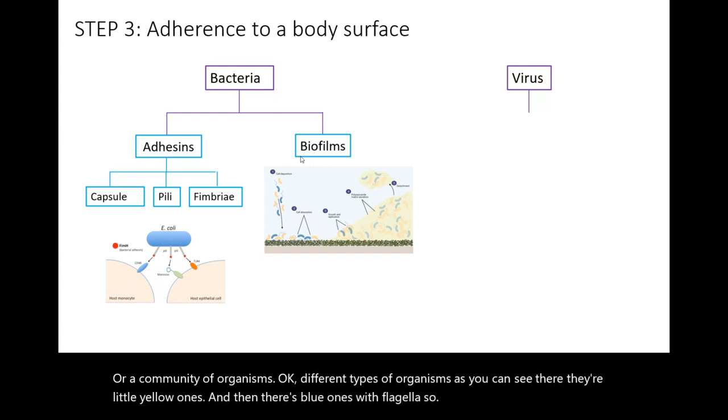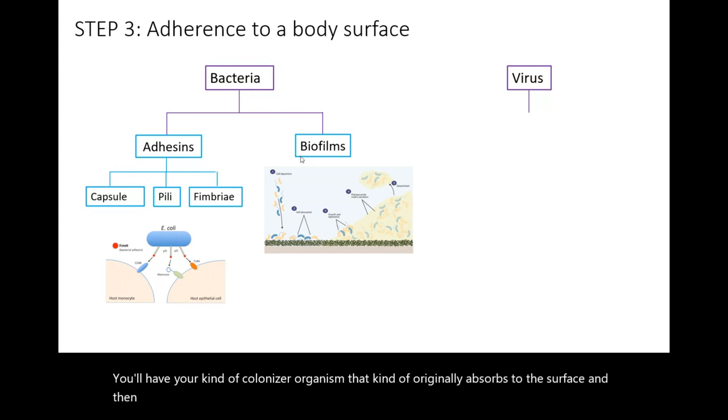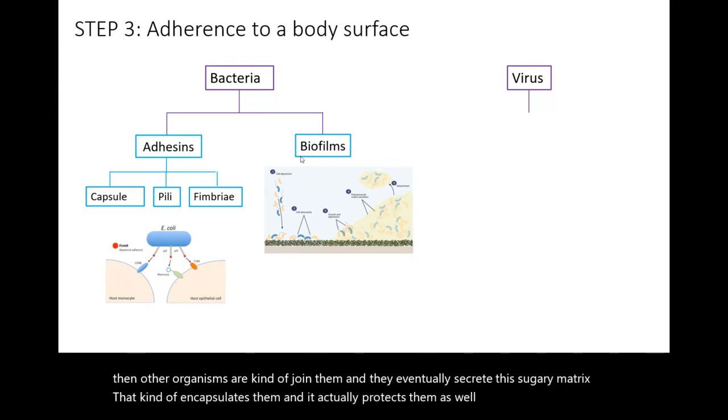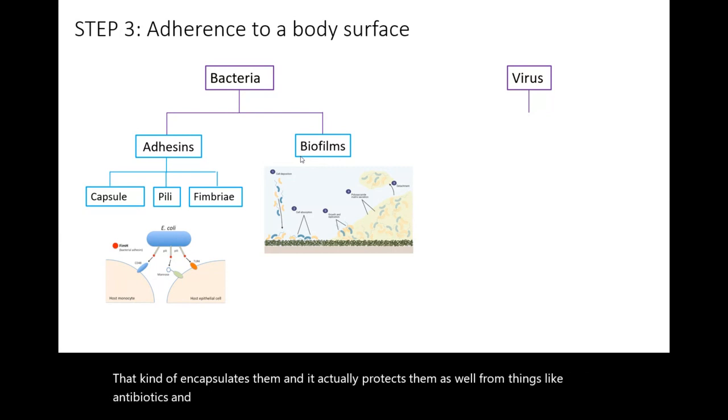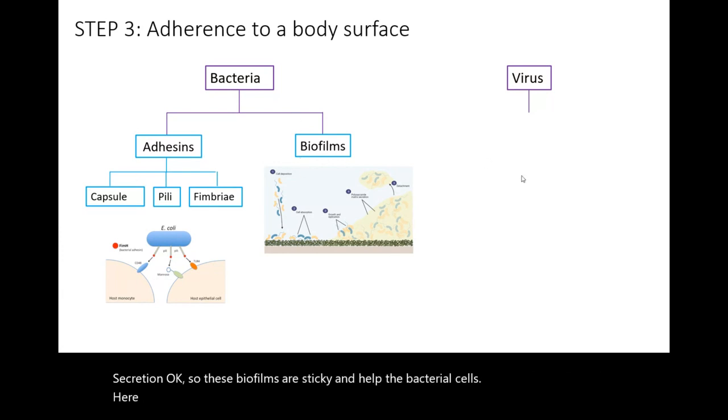So you'll have your colonizer organism that originally adsorbs to the surface, and then other organisms join them, and they eventually secrete this sugary matrix that encapsulates them, and it actually protects them as well from things like antibiotics, because it's hard for the antibiotics to penetrate that sugary secretion. So these biofilms are sticky and help the bacterial cells adhere to different surfaces.